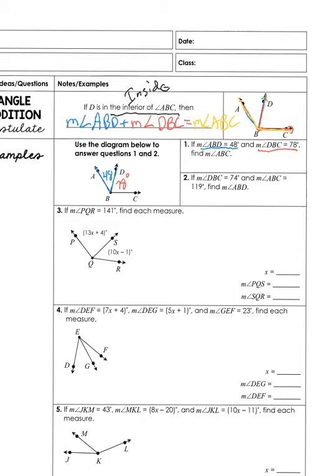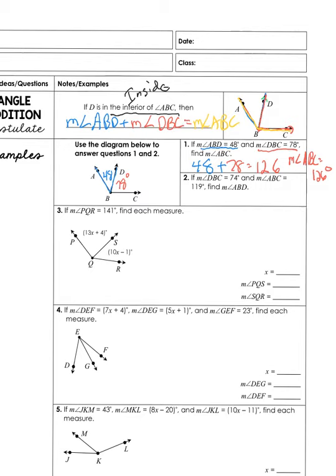So if I add them together using the angle addition expression and substitution, I have 48 plus 78 equals the measure of angle ABC. If I add these together, the measure of angle ABC equals 126 degrees.